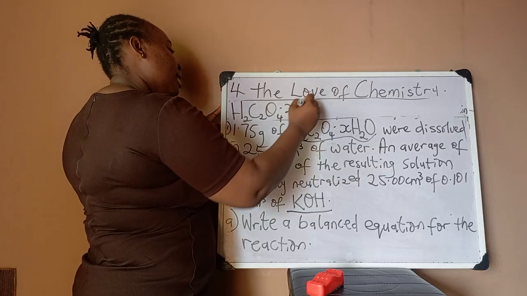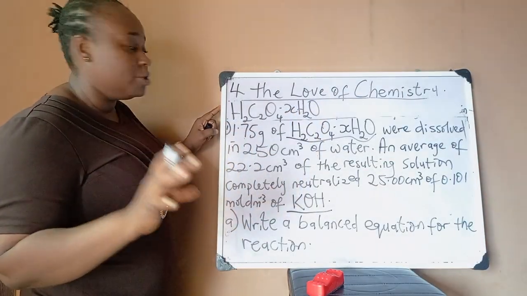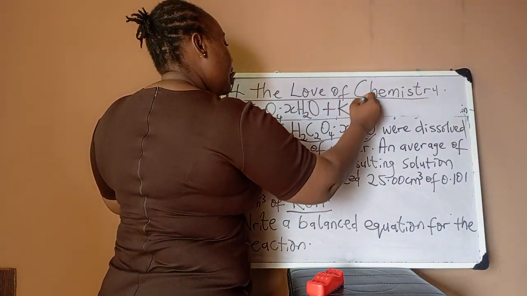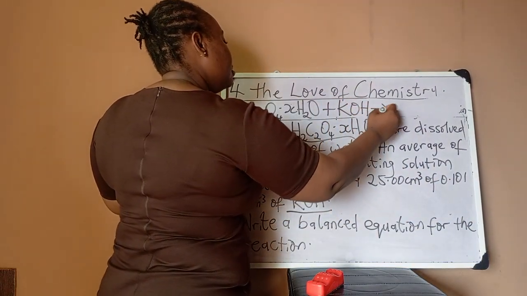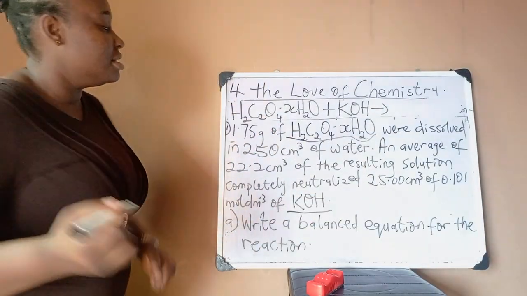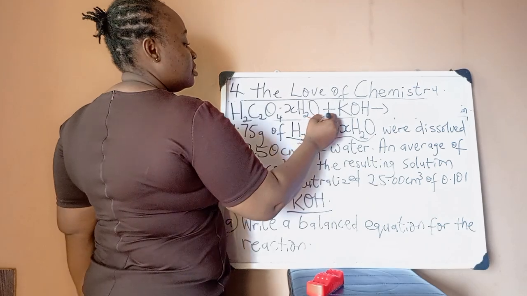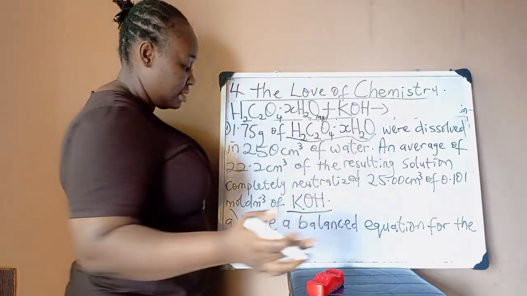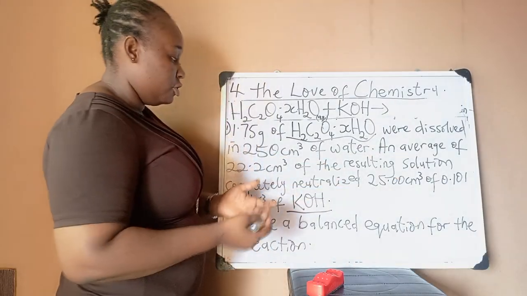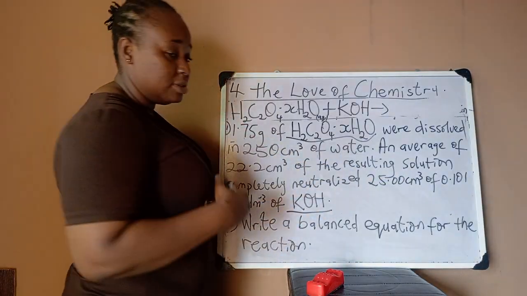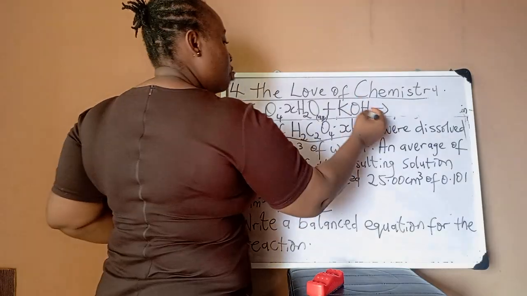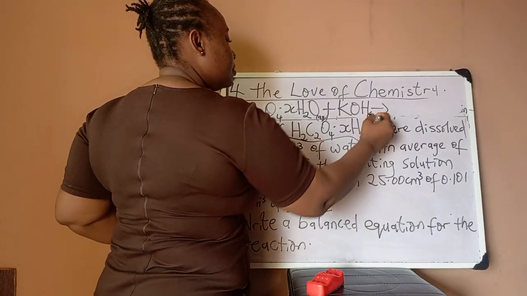Always remember that your elements must be in capital letters. Plus potassium hydroxide. Now we know that if this is an acid, it is in aqueous solution. And this is, as we know, in aqueous solution because we are talking about the volume of the liquid drawn. So it's also aqueous.